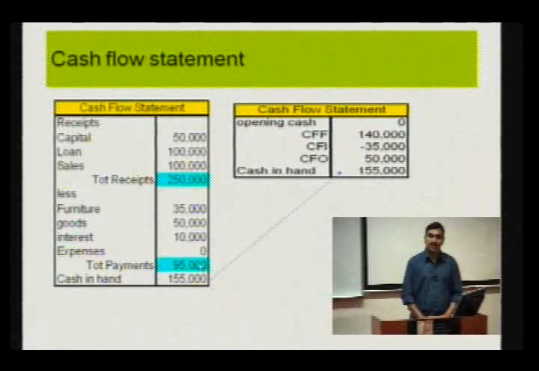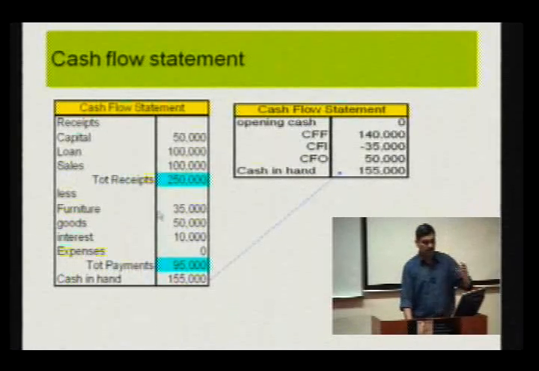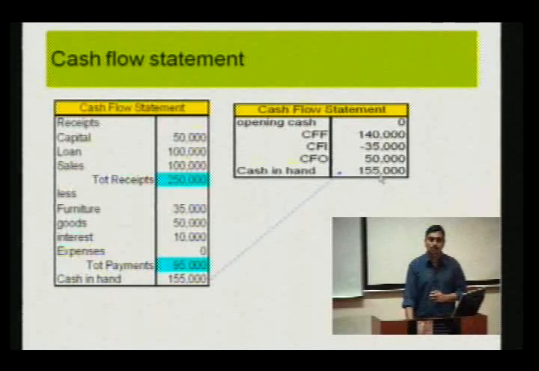So, the cash flow statement that we have seen normally, inflows minus outflows, is 155,000, but however, as per IAS 7 it says it is better to classify them as CFF, CFI and CFO. So, this statement becomes more meaningful, useful and relevant for decision making.